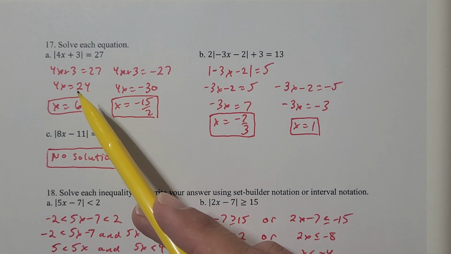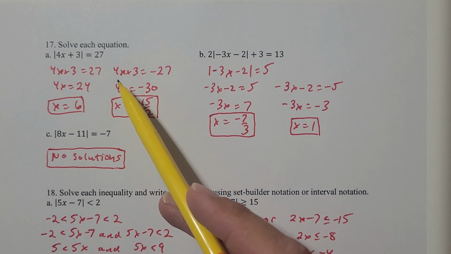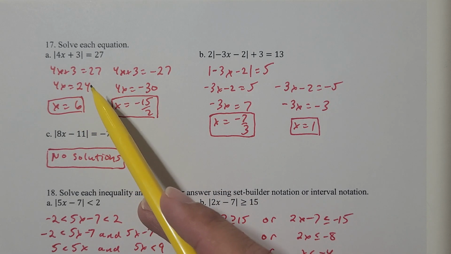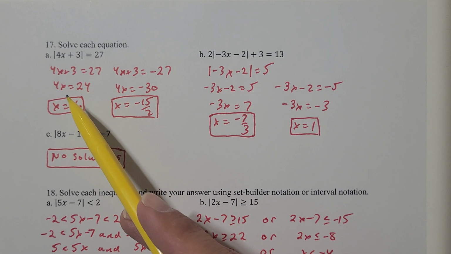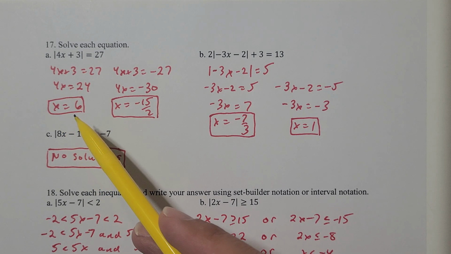So like in part A, I got 4x plus 3 equals 27, or 4x plus 3 equals negative 27. Okay, and subtract 3, divide by 4. So x would be 6, that's one answer.